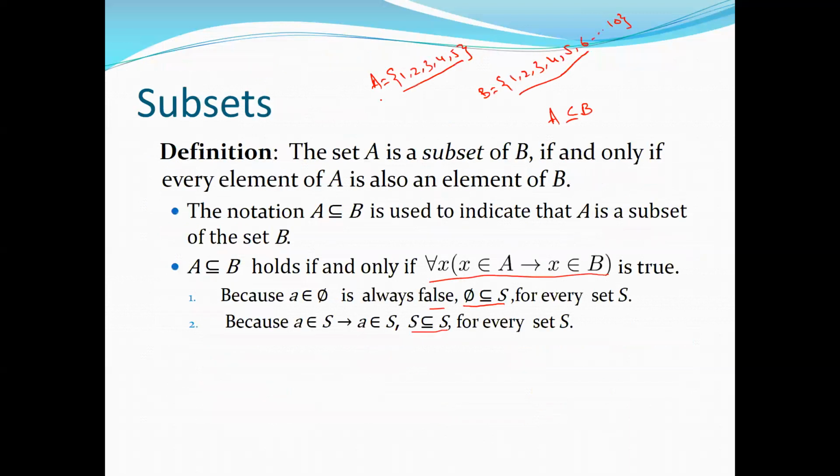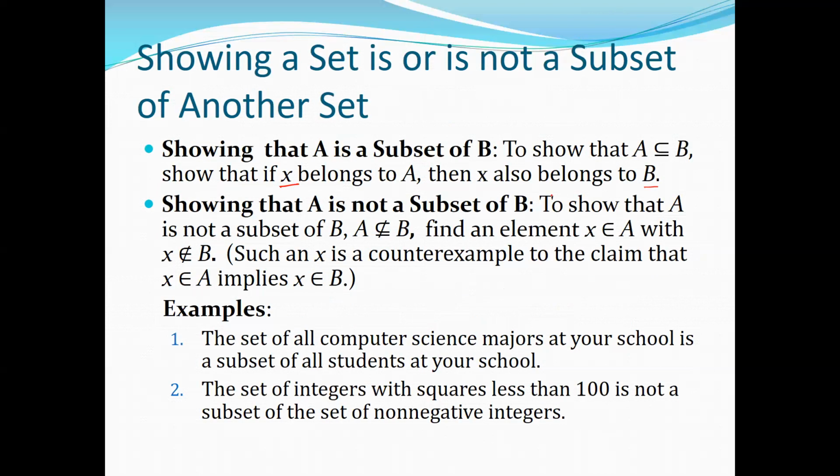I already gave you an example here. X equal to 1: 1 is a member of A, 1 is a member of B. 2 is a member of A, 2 is a member of B. 3 is a member of A, 3 is a member of B. So all the elements are members of both A and B.